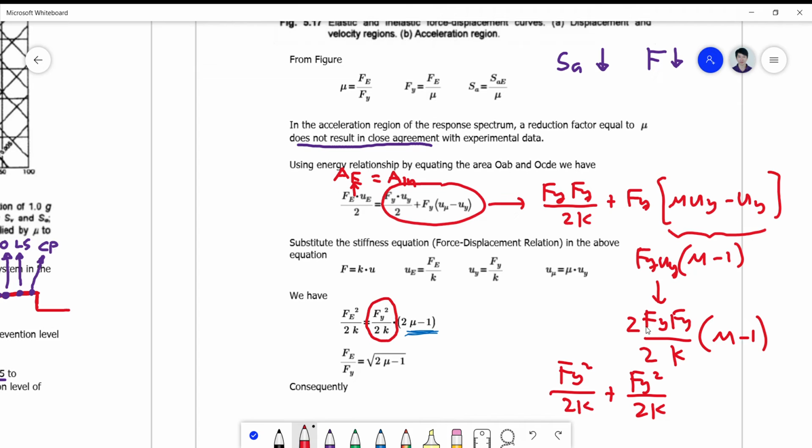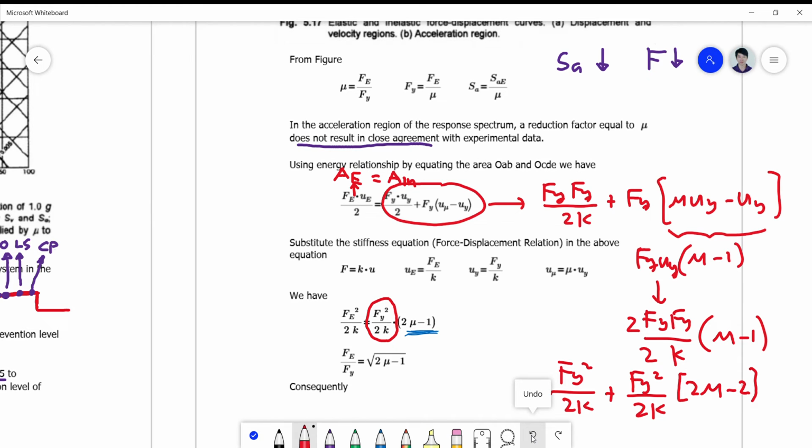Okay, but you have a 2 there. So if I insert this here, I will have to put 2 mu minus 2 there.